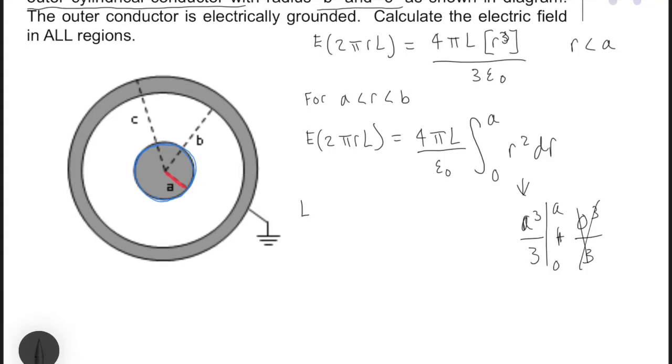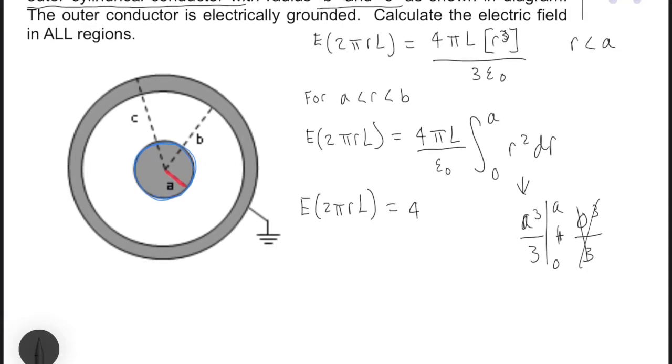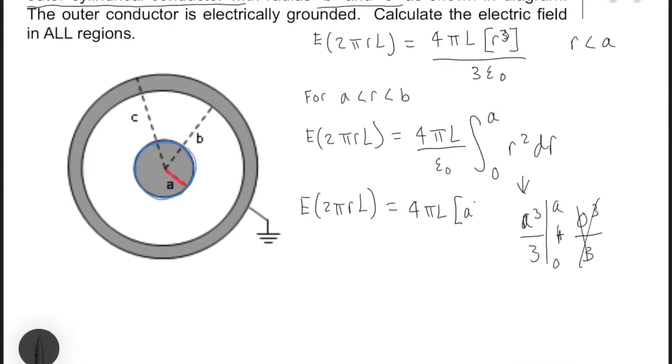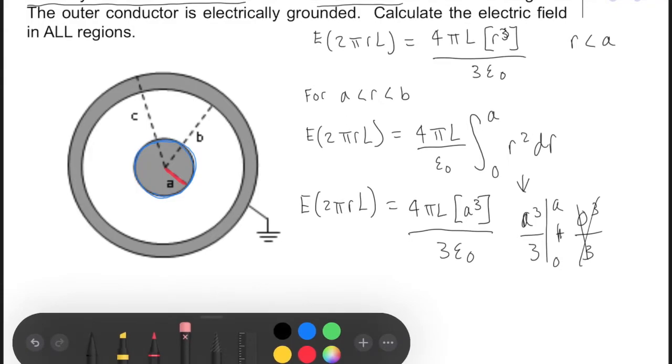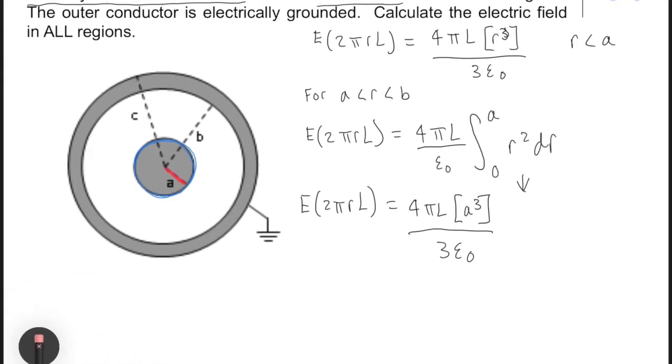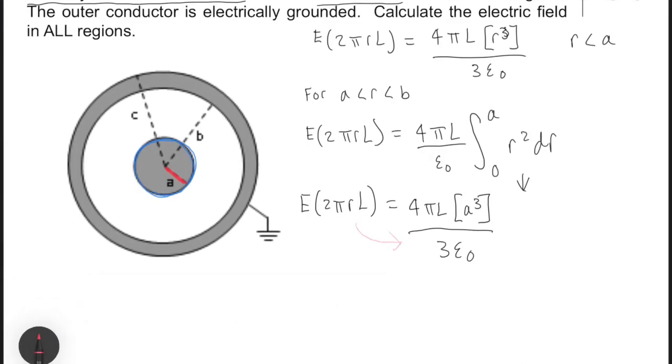So we can do E 2 pi RL is equal to 4 pi L a cubed over 3 epsilon naught. And then we just divide our 2 pi RL to the other side.